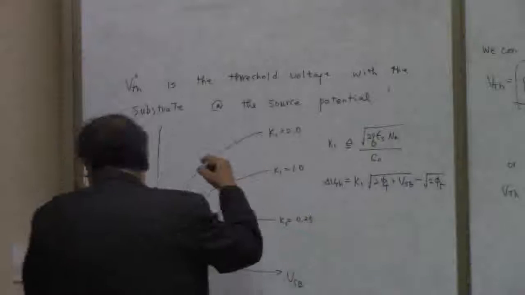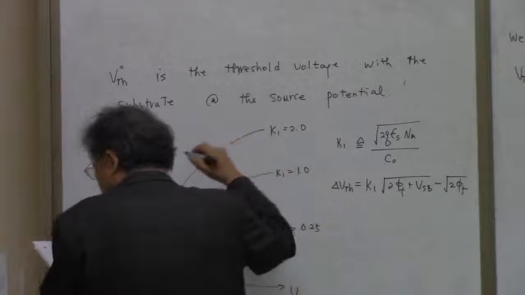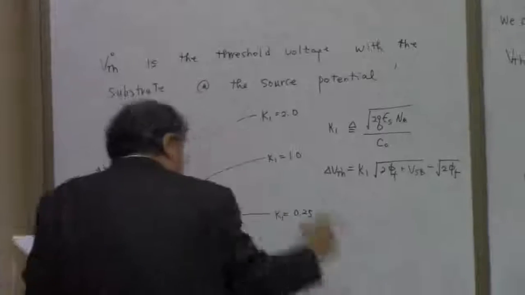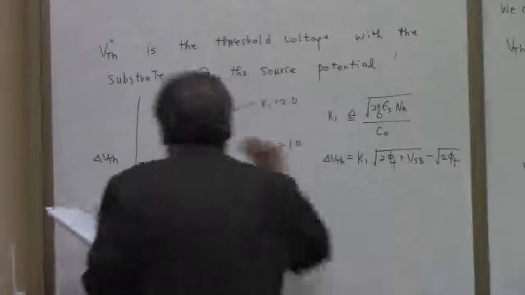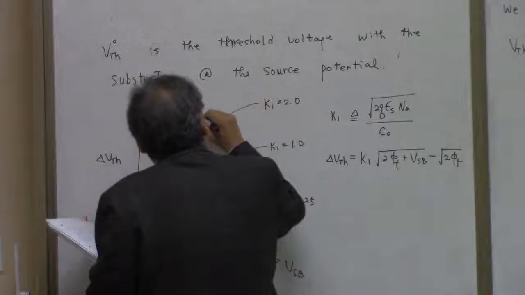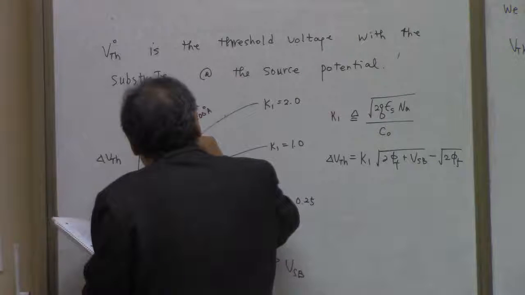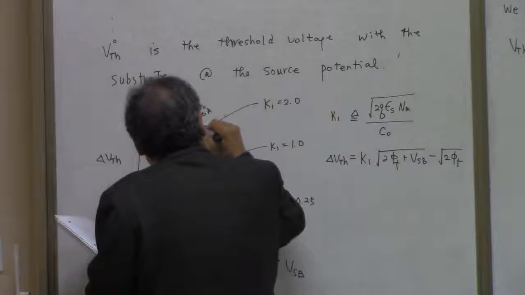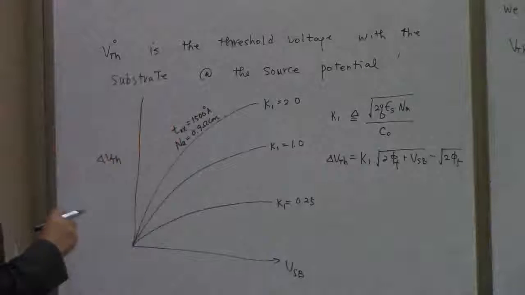And you can see that K1 is equal to 2.0 where the gate oxide thickness of the MOS transistor is 1500 angstrom, and then the substrate doping level corresponds to about 0.9 ohm centimeter.